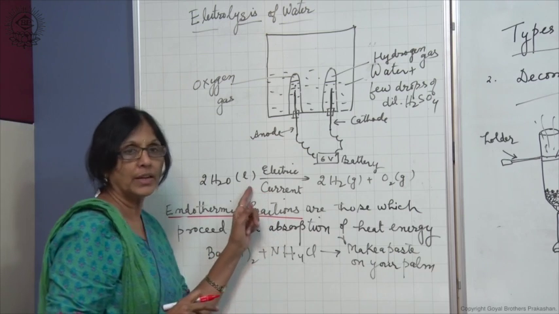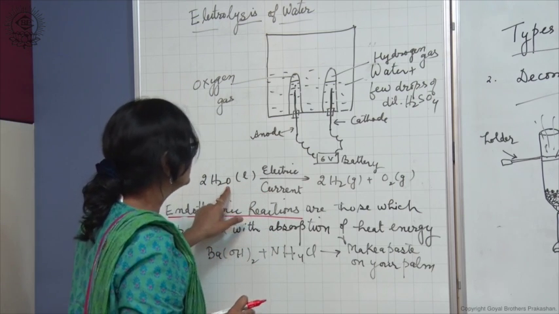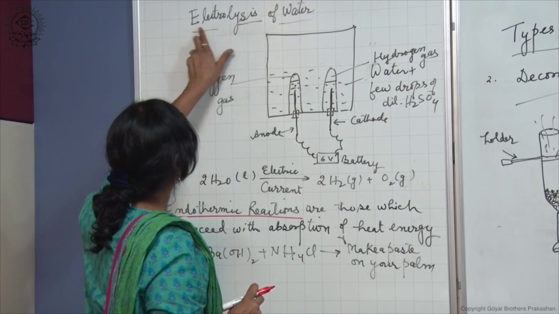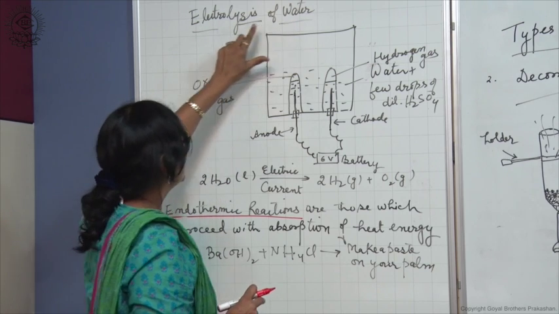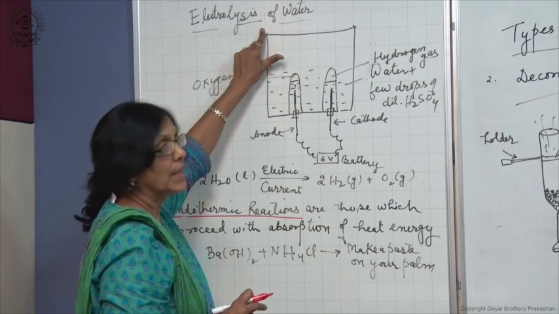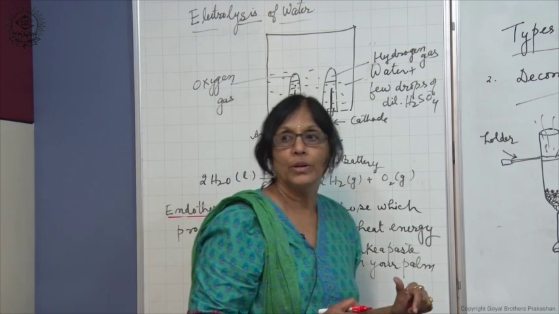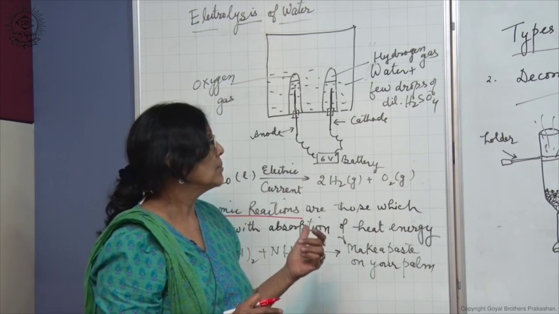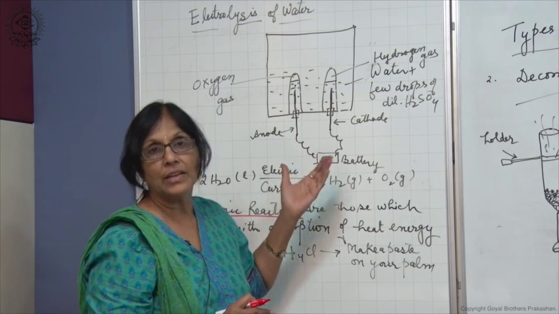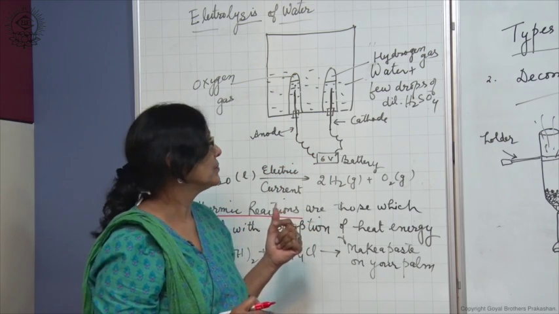This is also another example of decomposition reaction. Now, this reaction is also called electrolysis of water. Electrolysis is that reaction in which a compound decomposes into 2 or more substances by passing electric current.